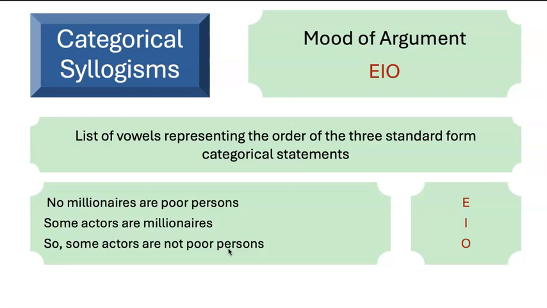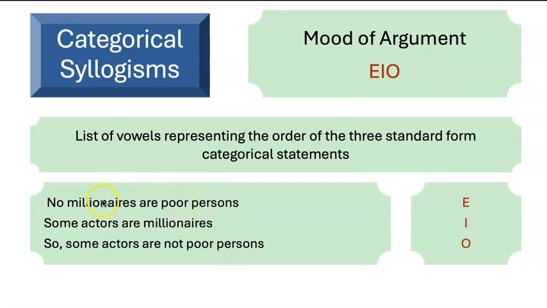Now, I already verified that this is in standard form. Remember the three guidelines? The major term is the predicate from the conclusion, poor persons. The major term should be in the first premise. So we're good with that.